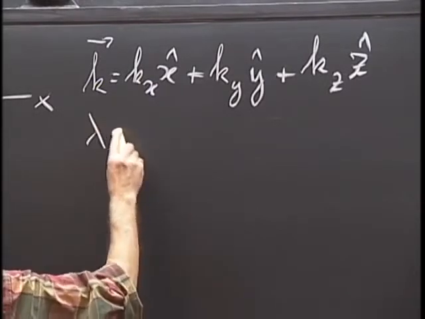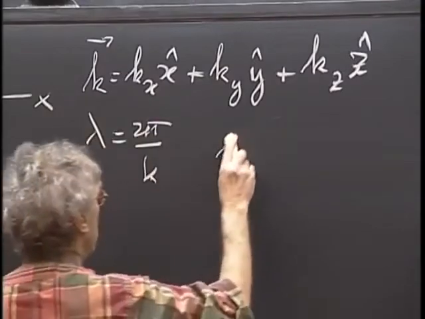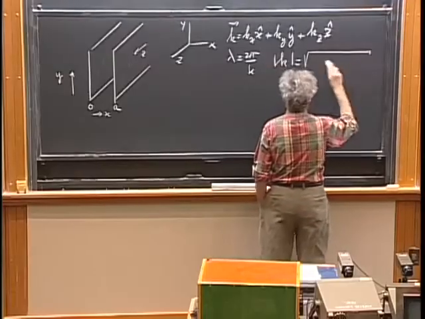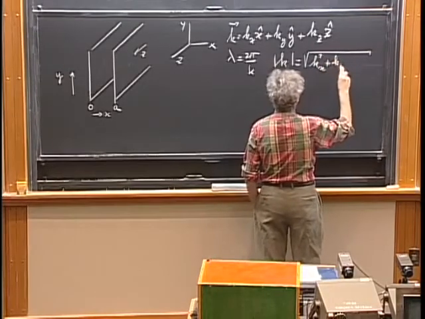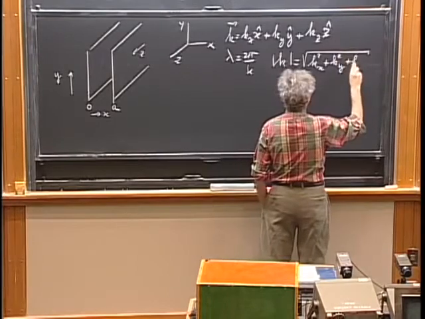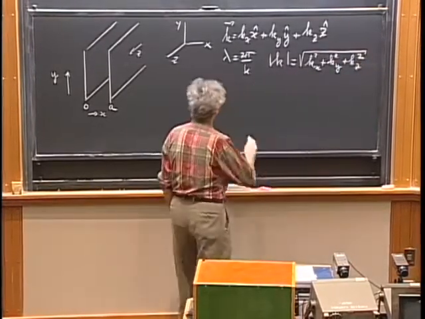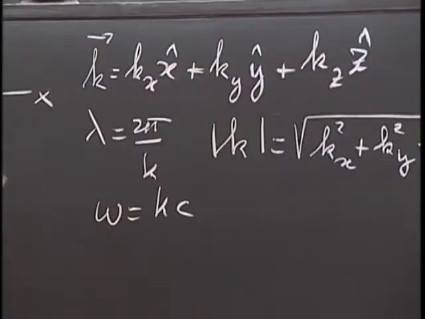Also lambda equals 2 pi divided by that K, and the magnitude of that K is the square root of Kx squared plus Ky squared plus Kz squared, and omega equals Kc, if this is in vacuum.